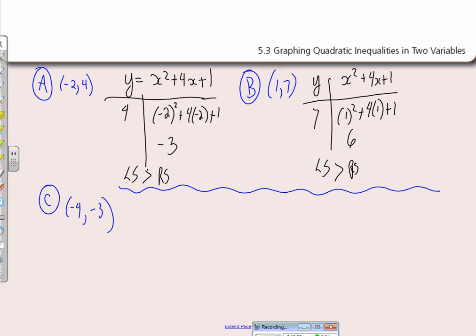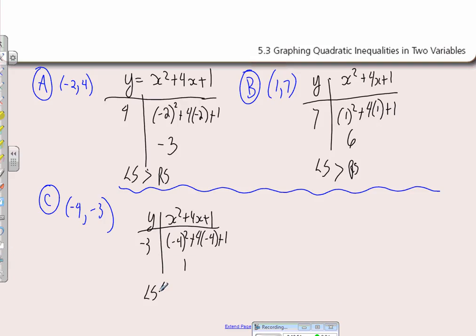Let's pick the point C. Do the same thing. Plug in their test case. So x squared plus 4x plus 1. We've got negative 3, and we've got negative 4 squared plus 4 times negative 4 plus 1. Working that through, we get 1. So we notice that the left side here is less than the right side.